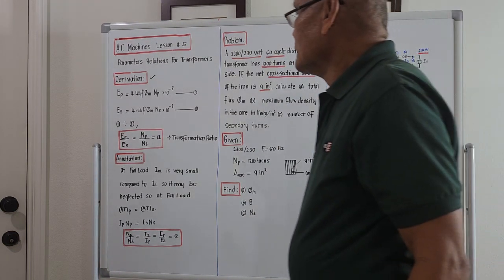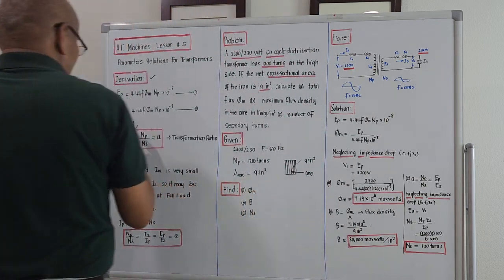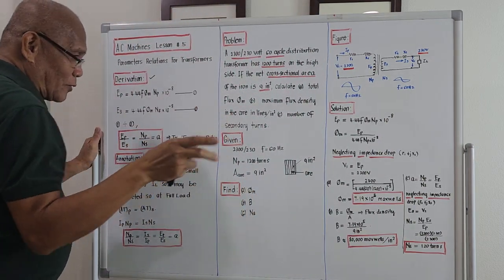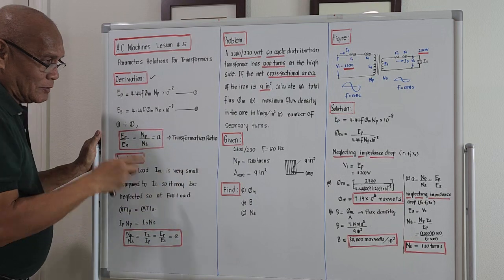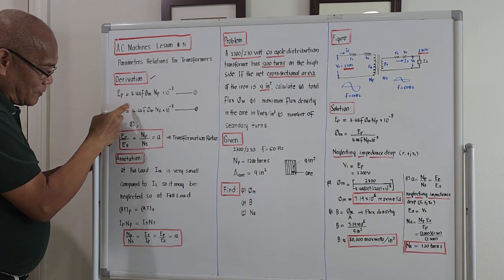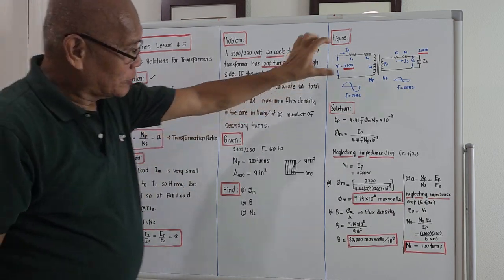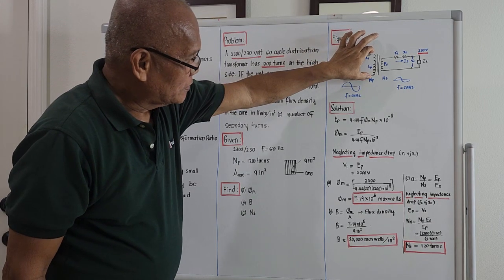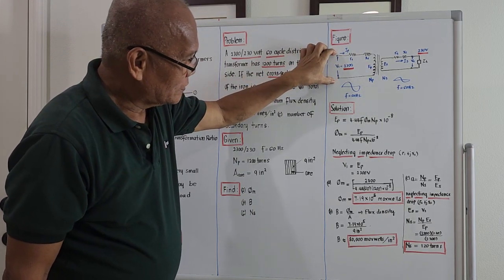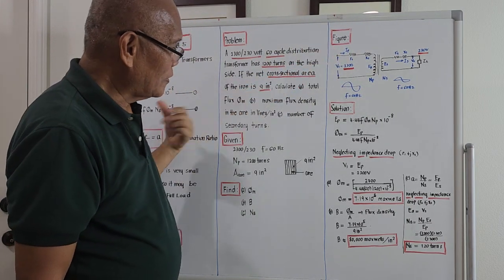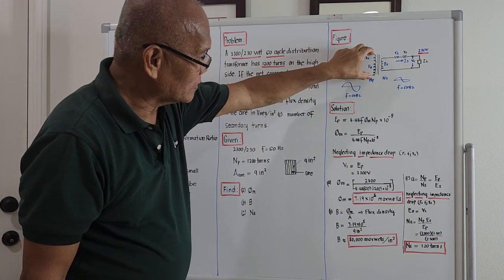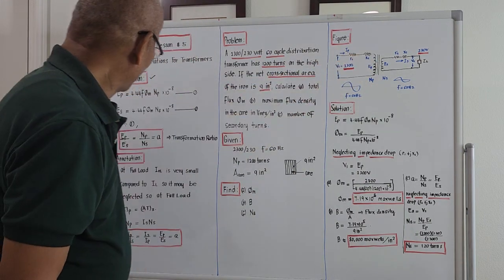What's next? Formula number 1, the last time around I gave you the induced voltage on the primary. The induced voltage is the voltage across this. It is different from this, right? So the one given in the formula is the voltage across the winding. Okay?